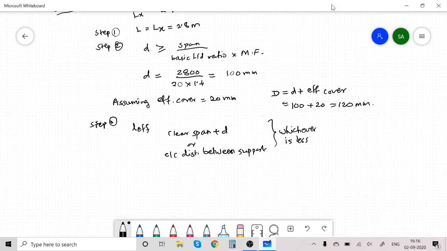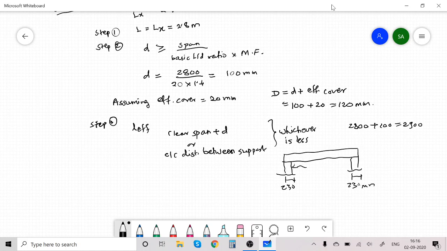Now clear span is 2800 plus D 100, that is 2900, and now the slab is supported on 230 mm wide beams. So this is 230 mm on both the sides, the width of the support.